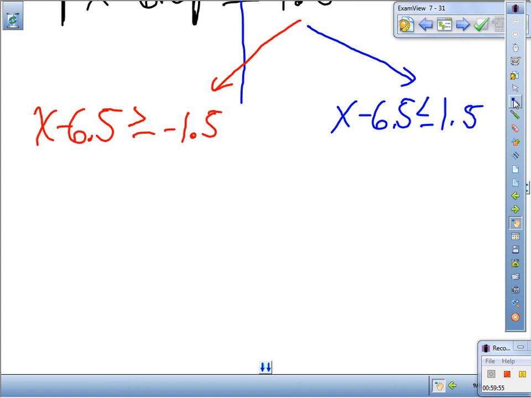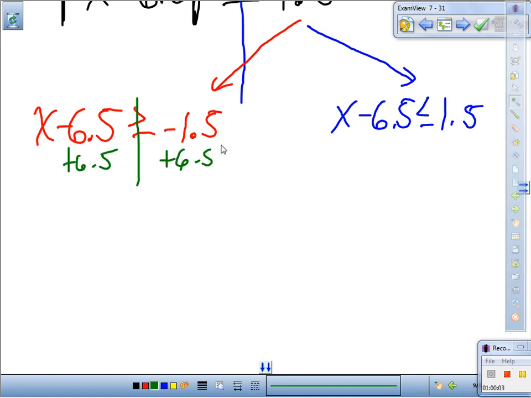Let's solve. I do plus 6.5, plus 6.5. x is greater than or equal to 5. Am I right or am I going crazy over here?